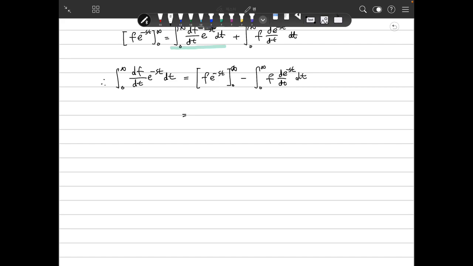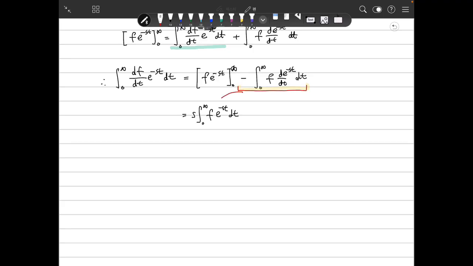So first we can do this one: that will be s times the integral 0 to infinity of f exponential minus st dt, right?